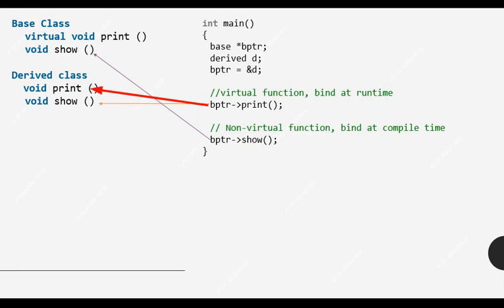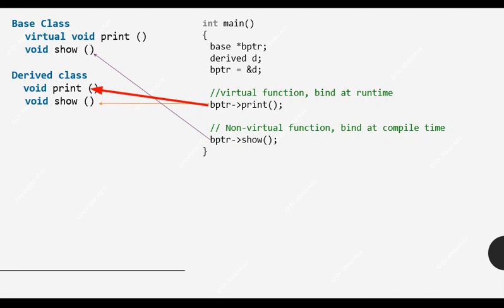Always remember that if you are calling a virtual function, the virtual function is going to pass control to the derived class, and the definition that is provided by the derived class will be executed. And whenever you call a non-virtual function, it will be called from the base class, or from the type of the pointer through which it is being called.